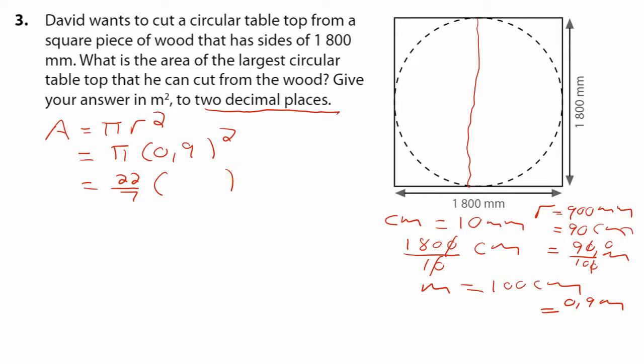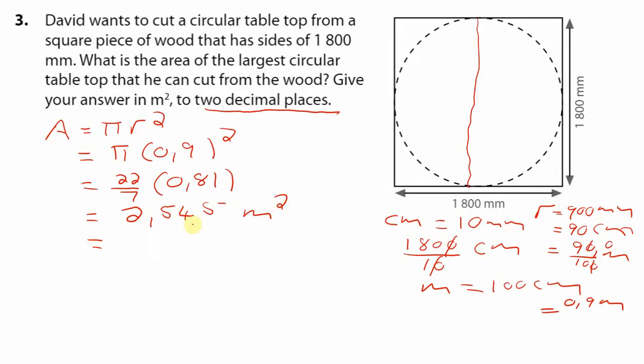So 0,9 times 0,9 gives us 0,81. So 0,81 times 22 divided by 7 will result in 2,545 square meter.